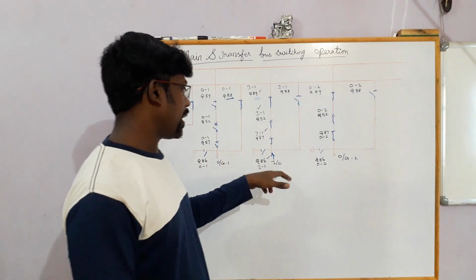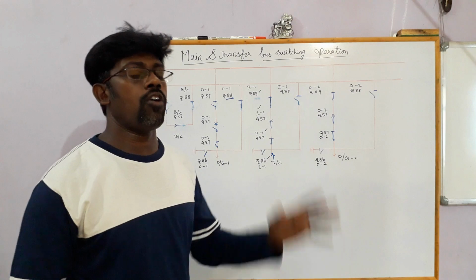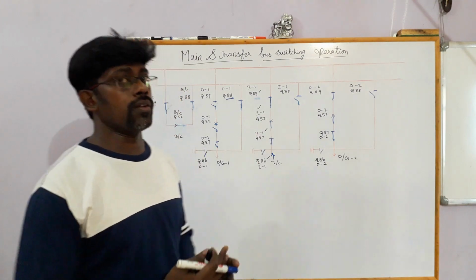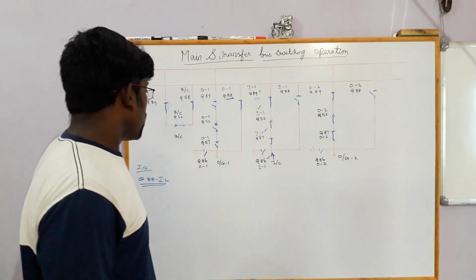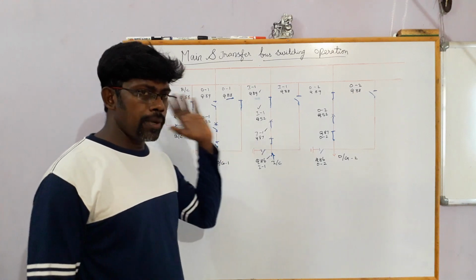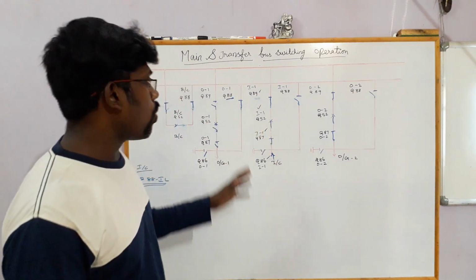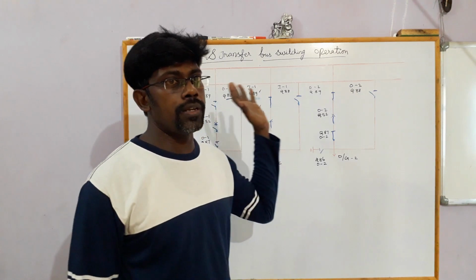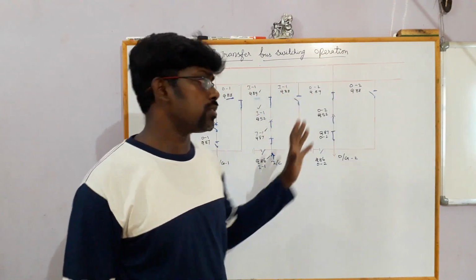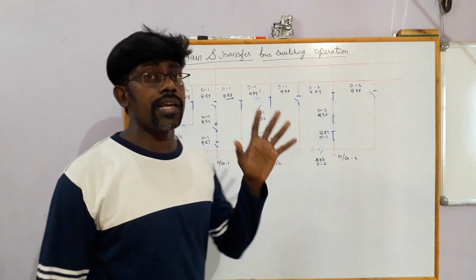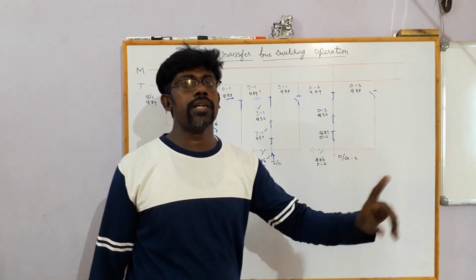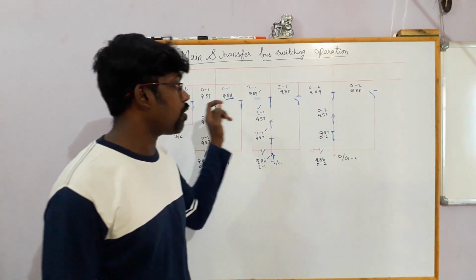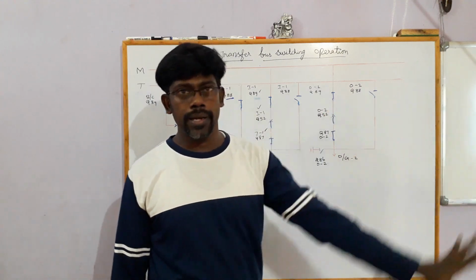Same way for incomer also, we have on load transfer and off load transfer. Before that, we must keep in mind that only one of these bypass isolators should be in closed position, because any one breaker we can take service at one time. We cannot take service for all breakers.